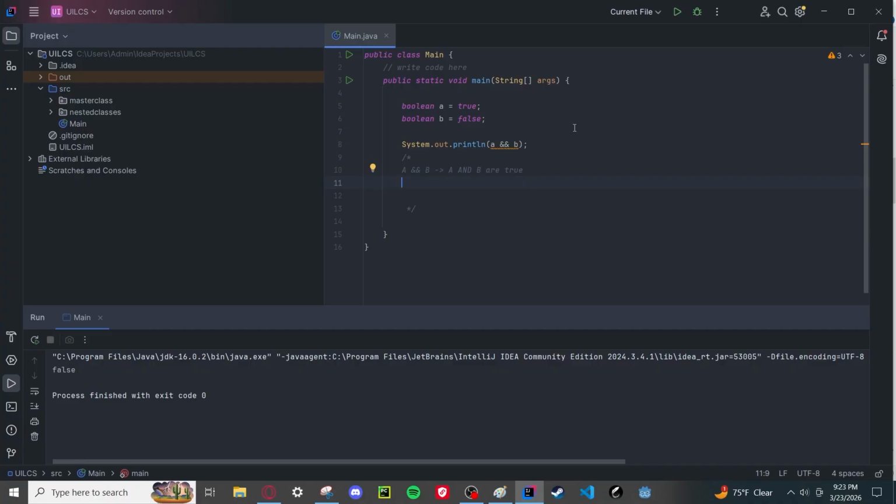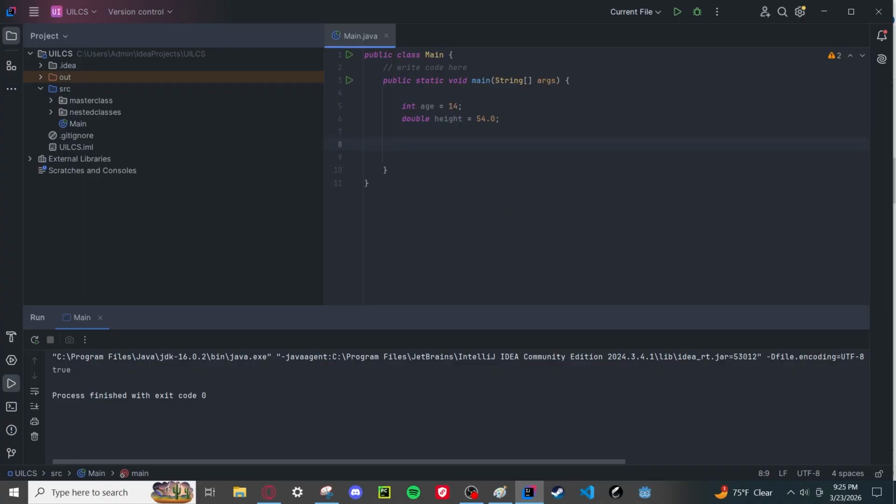In this instance, A is true but B is false, so it's going to be false. If we make B true and A false, you'll still see we get false. The only way we're getting an output of true here is if they're both true. So the way AND works is AND returns true if both A and B are true.